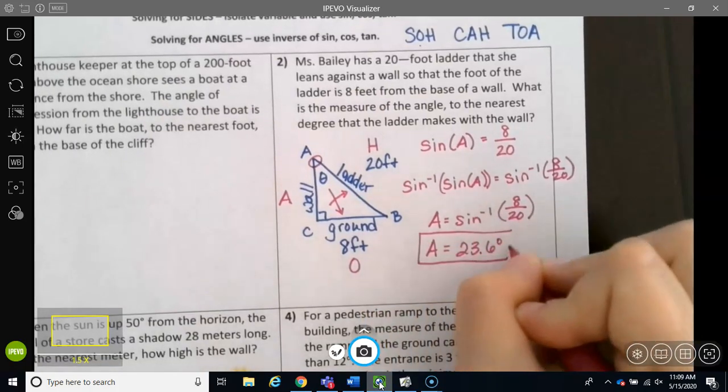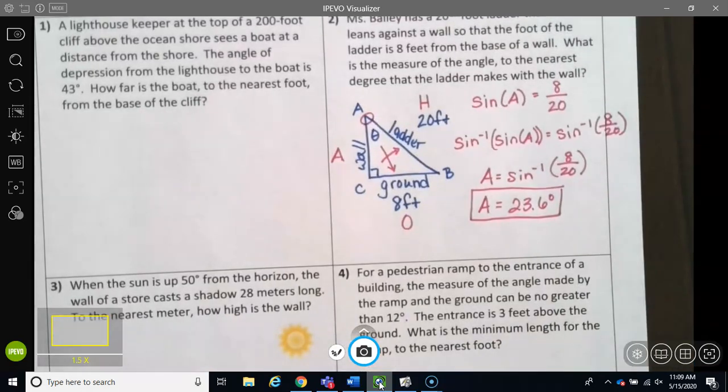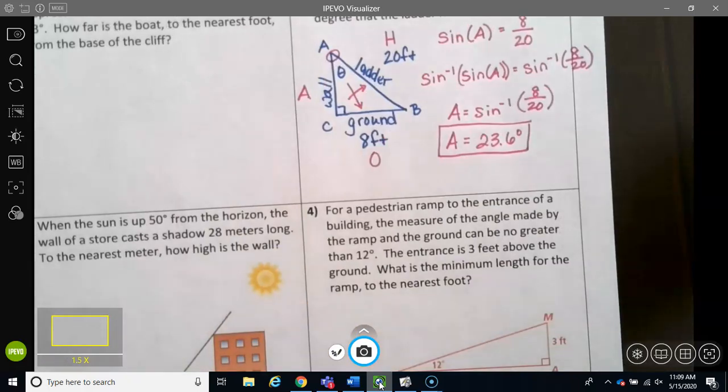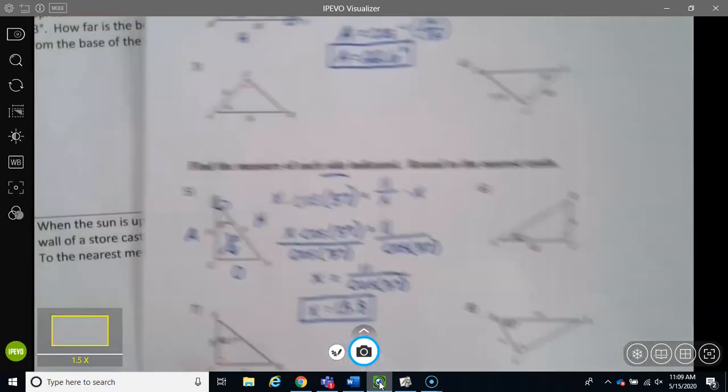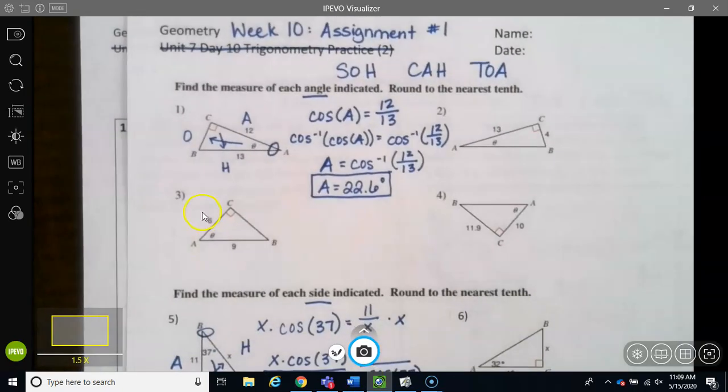All right. So your 2 assignments are this word problem page. This is your second assignment. Finish those other 4 problems. Sorry, let me zoom this out a little bit so you can see better.